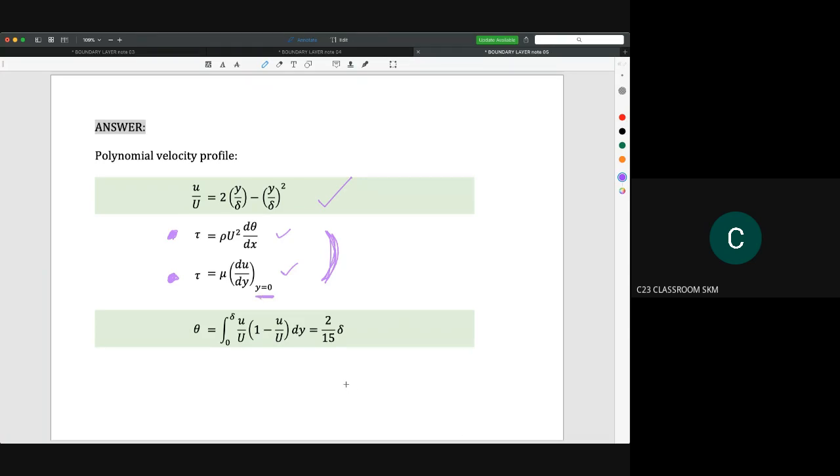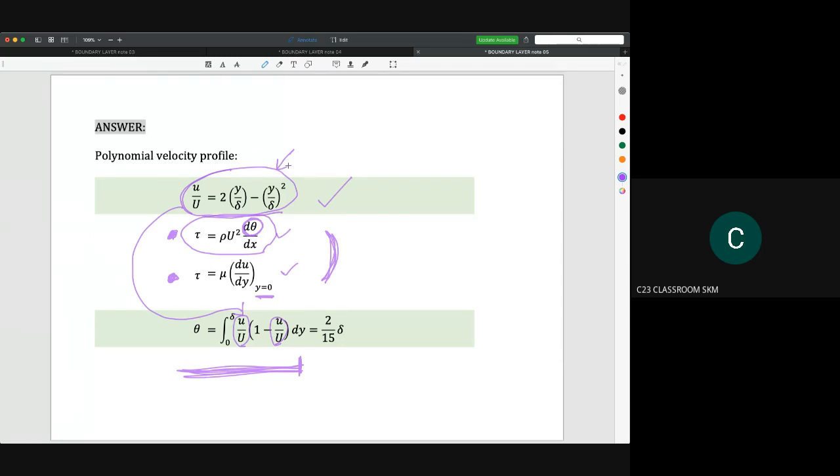So we need to solve the Von-Karman equation. From this equation, the unknown is theta. So we need to calculate the value of theta for this velocity profile. We substitute u over U here with the velocity profile. In this question we use a second order polynomial.